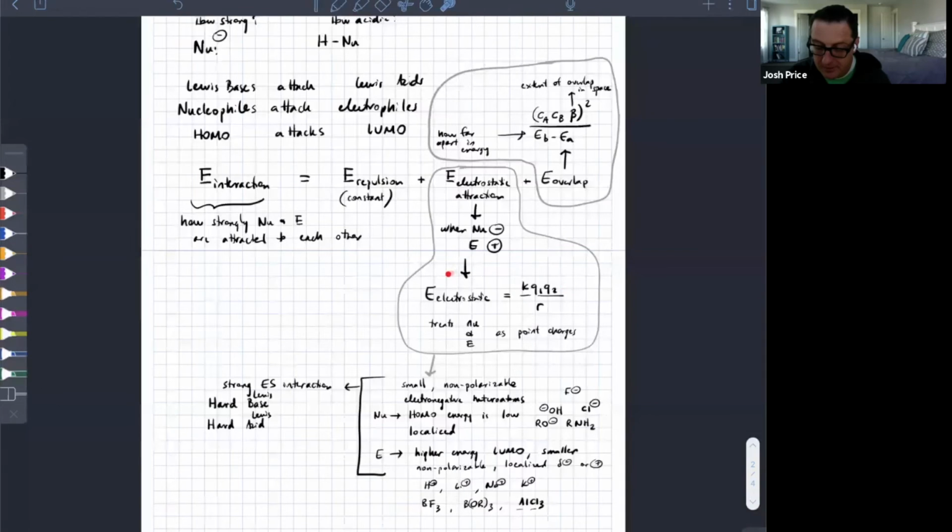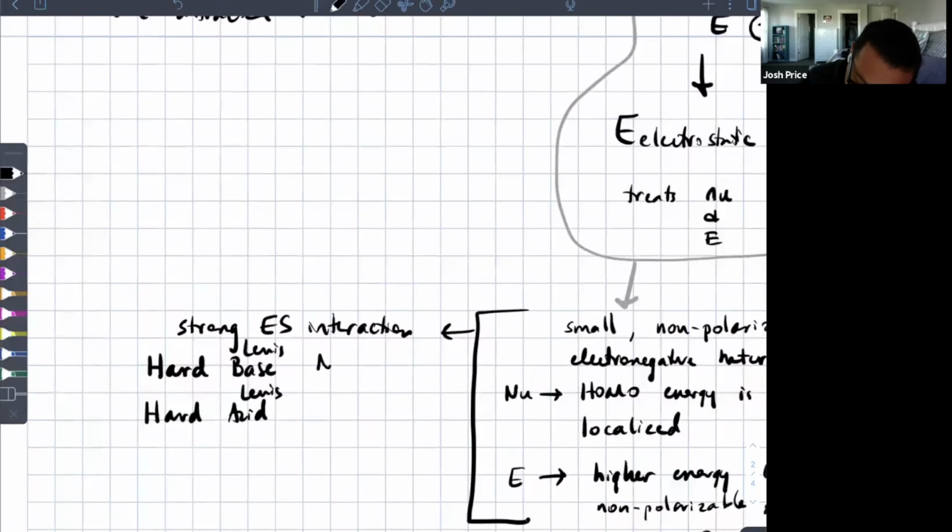That's right. Okay, so the hard Lewis bases or nucleophiles and the hard Lewis acids or electrophiles have a strong electrostatic attraction for each other, probably a weak overlap, weak orbital overlap interaction.